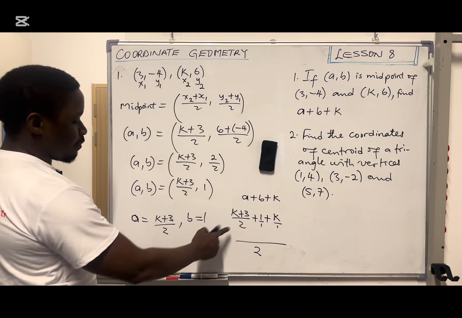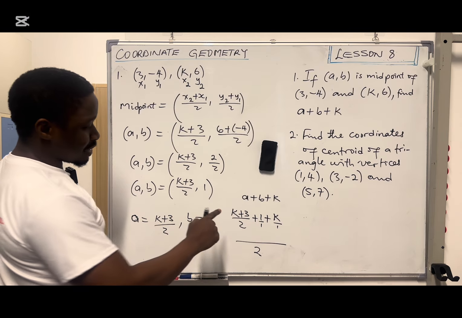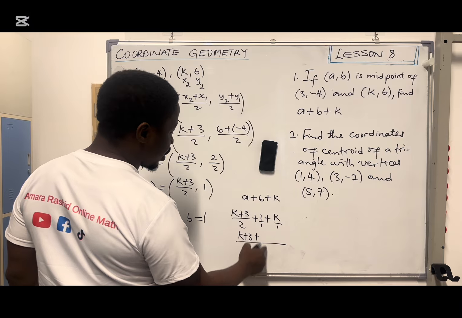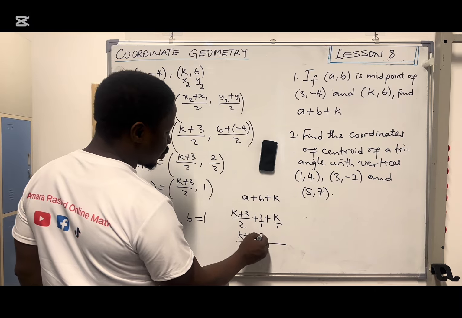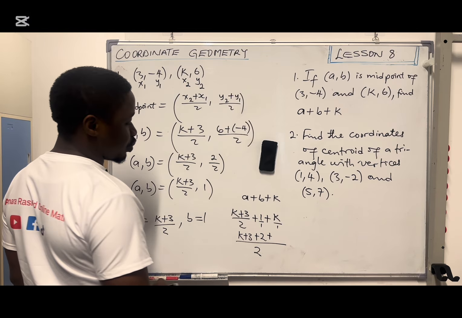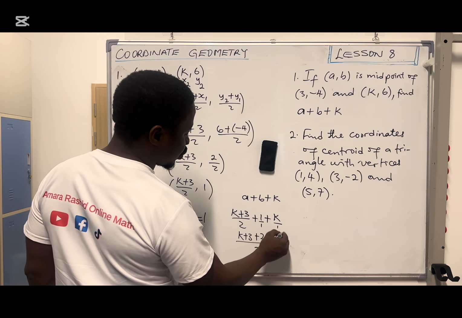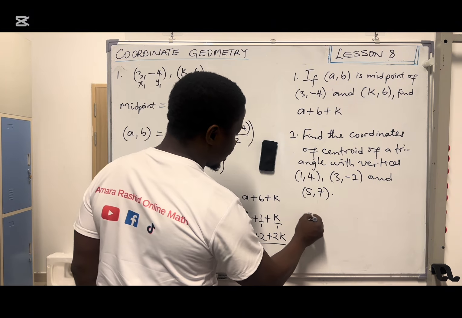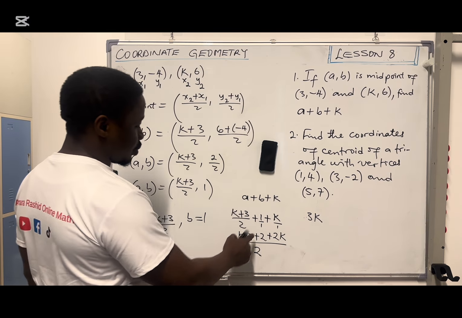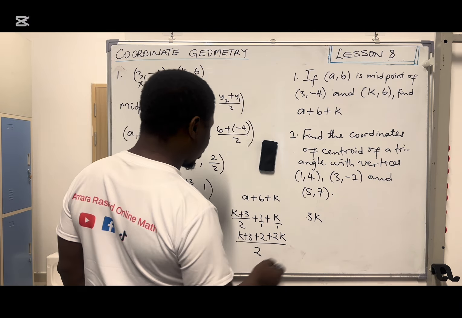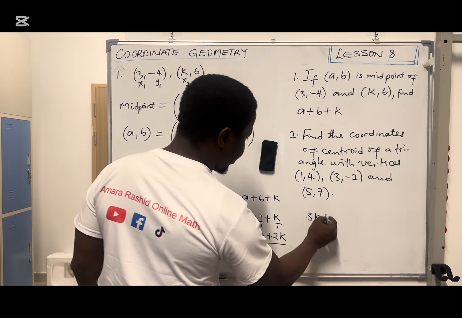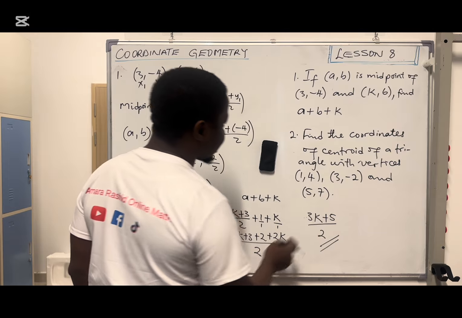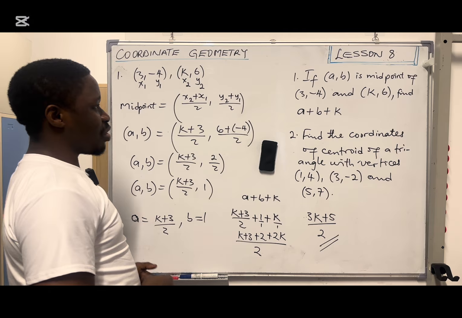Is 2. 2 into itself is 1. 1 times k plus 3, k plus 3. 1 into 2 is 2. 2 times 1 is 2. 1 into 2 is 2. 2 times k, 2k. So k plus 2k is 3k. Then here is plus 3 plus 2 is 5. So here is the value of A plus B plus K.